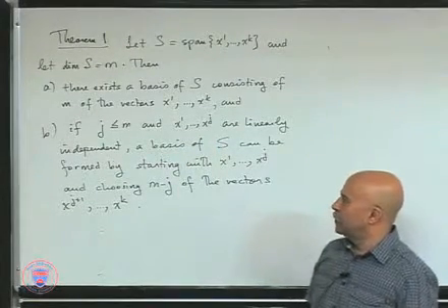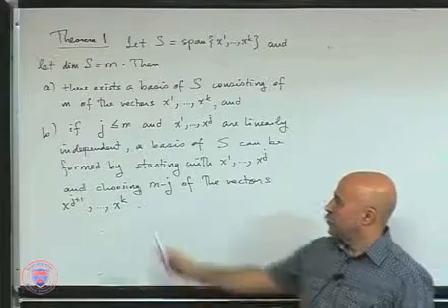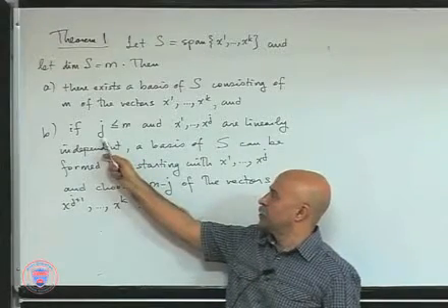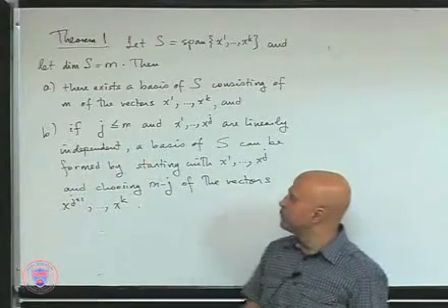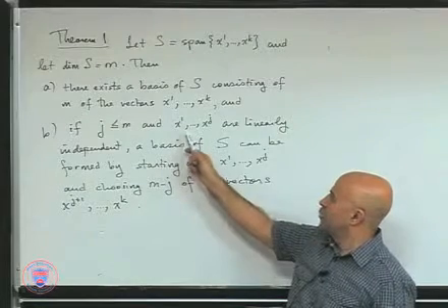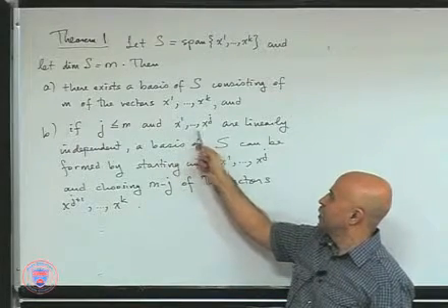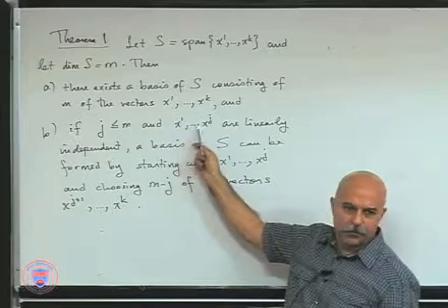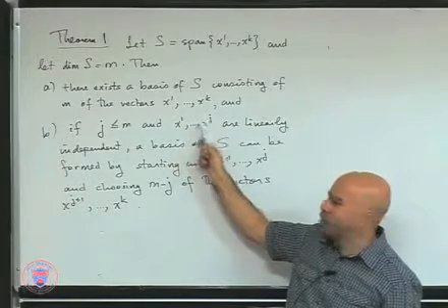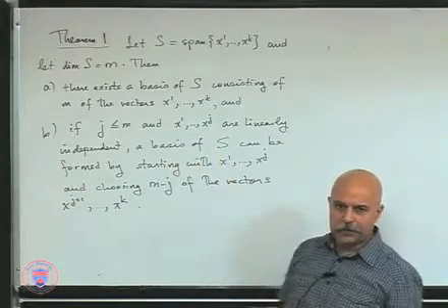And part B, for any positive integer j less than or equal to m, if you happen to have j of the vectors, and let's just assume by reindexing as necessary that they are the first j vectors.